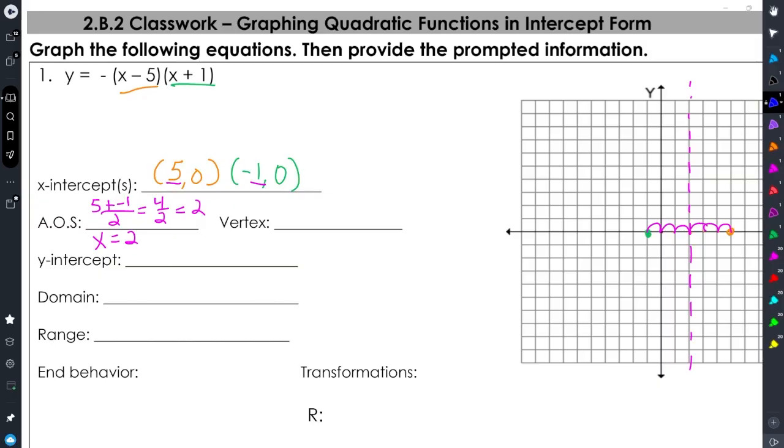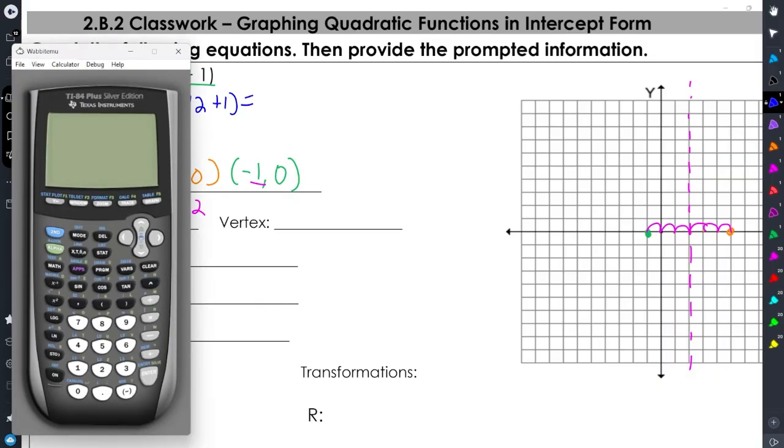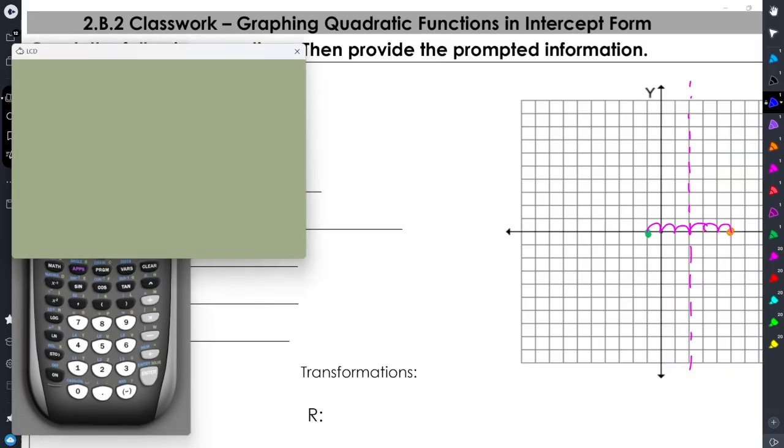Now to find the vertex, we got to take that x equals 2 and substitute it in. So y equals negative, then 2 minus 5 times 2 plus 1. So let's open up our calculator for this.